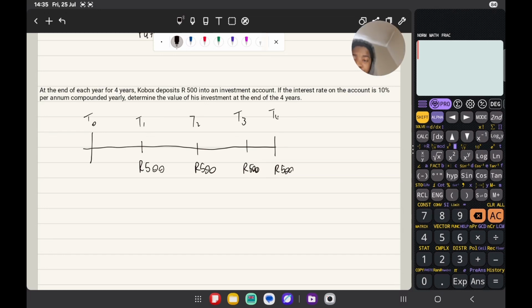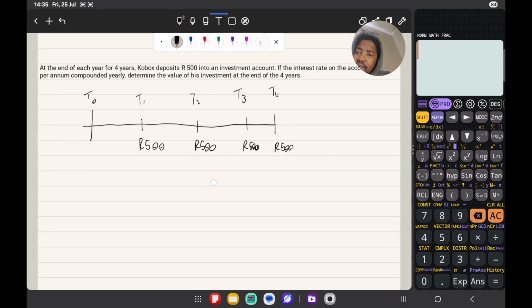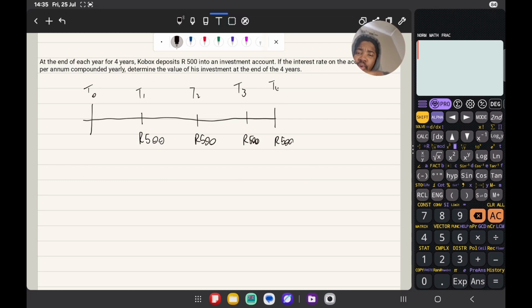Cool. So one of the methods that I preferred was just making the calculation step by step. So let's do it step by step. This money here is going to be in the account. Look, we were not told about any amount of money that we put in at the beginning, or any amount that was even in the account already.